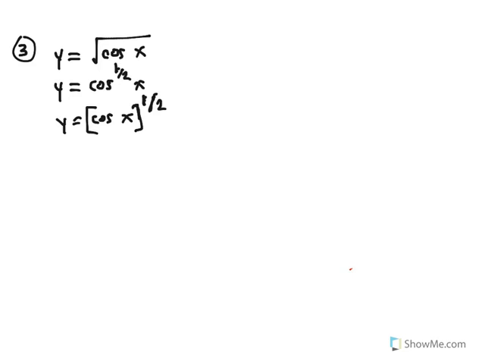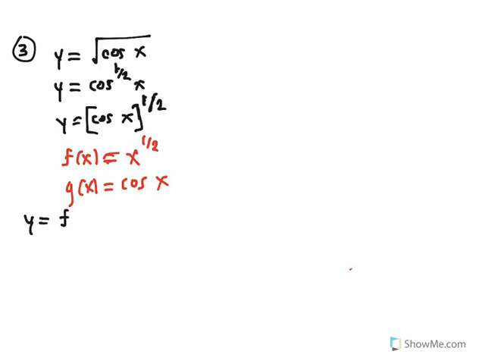So now we'd like to understand how the two functions are composed to give us our composite function. So as you understand now, the inside function is cosine x, and the outside function is the square root of x. So our two functions are, the outside function is x to the 1/2, or the square root of x, and the inside function is the cosine function.